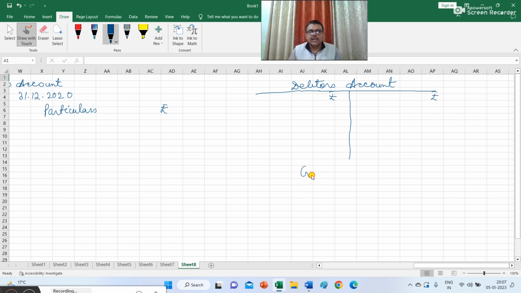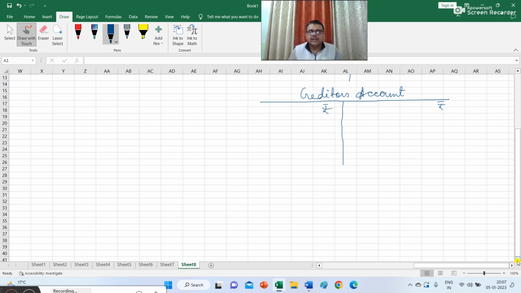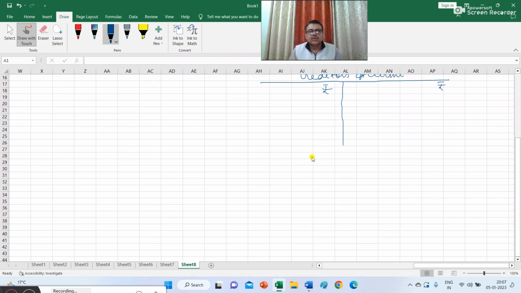Then the creditor account, and the cash and bank account. So we have only the cash in hand and at bank, so a double column cash book we are not going to prepare. I have to prepare a single column cash book.